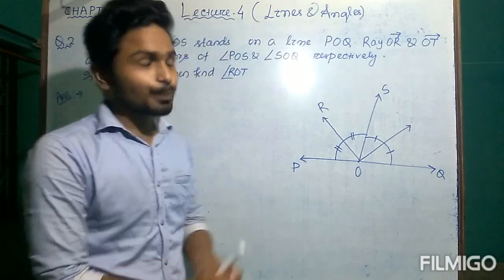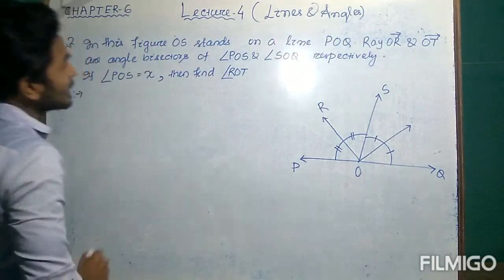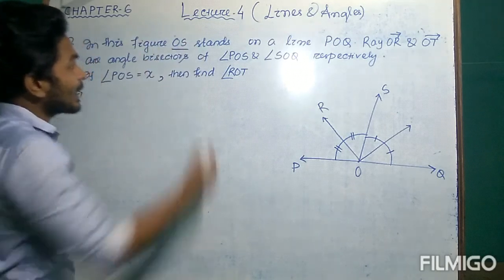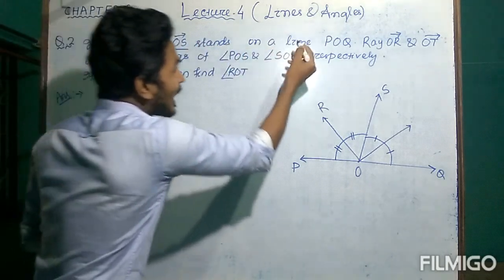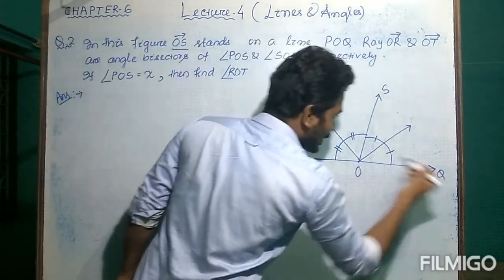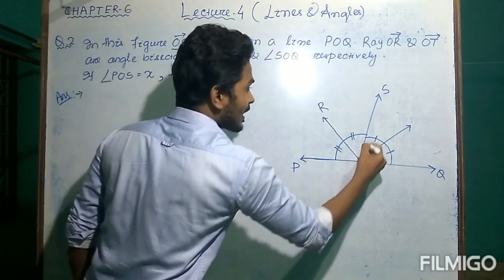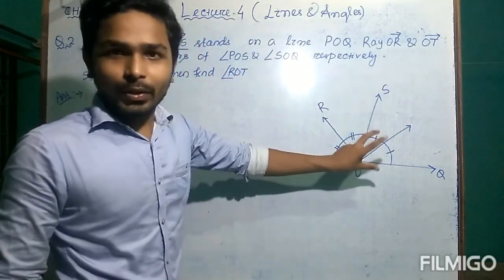Okay. And now let us understand the question number 2. In question number 2, it is given that in the following figure, OS ray stands on a line POQ. It means there is a straight line POQ, and on this straight line a ray OS. This is a ray OS which stands on it.